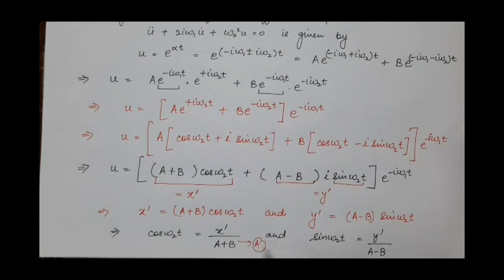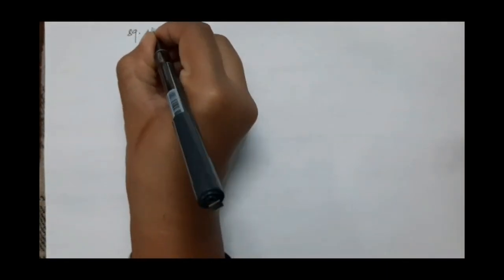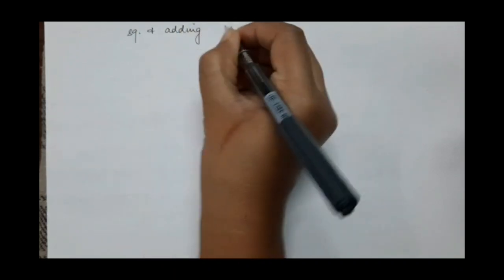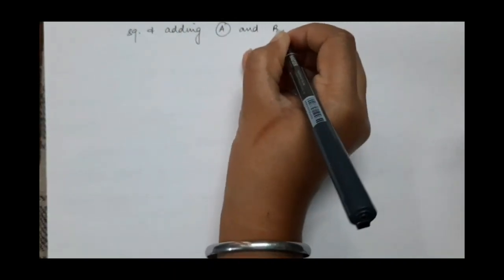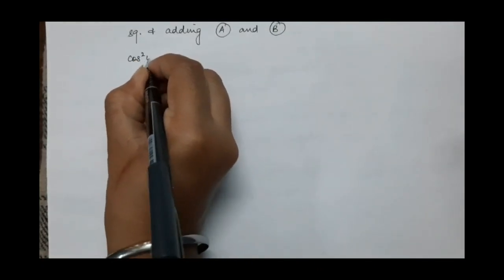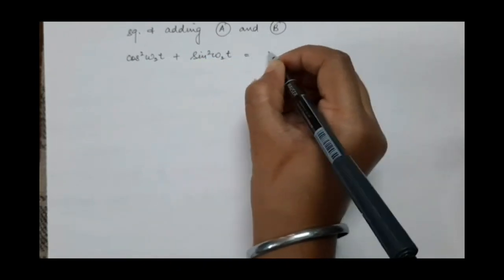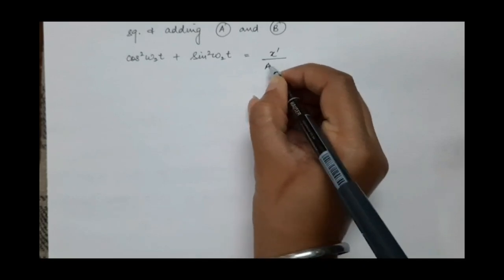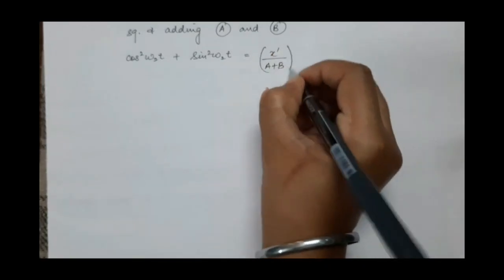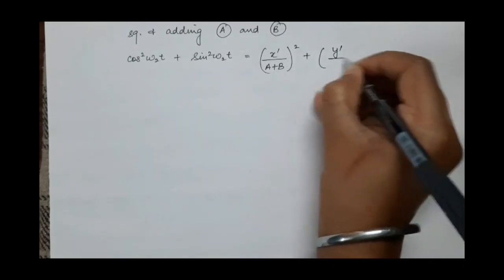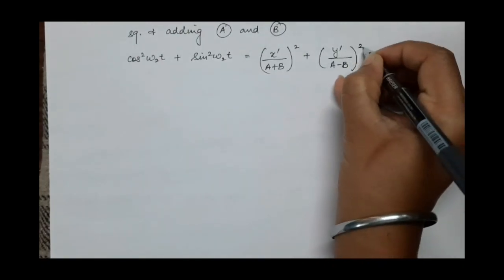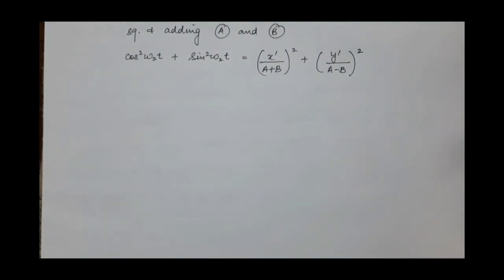Suppose this is equation A and this is equation B. Squaring and adding A and B, you will get cos square omega 2t plus sin square omega 2t equal to x dash upon a plus b whole square plus y dash upon a minus b whole square, and on the left hand side cos square theta plus sin square theta is equal to the identity, that is 1.